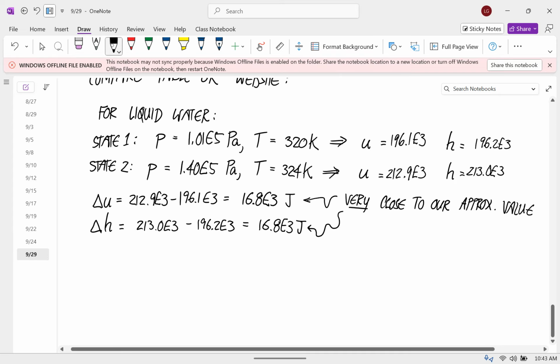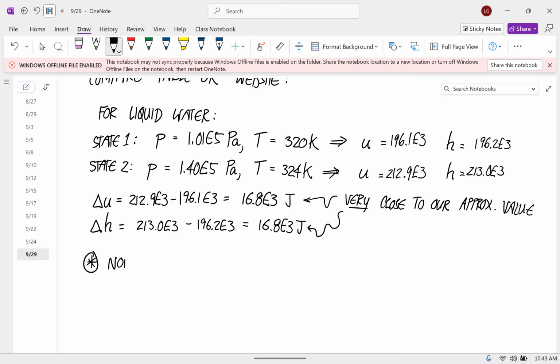Okay, so the take-home message here is this incompressible simplification gives very accurate results.